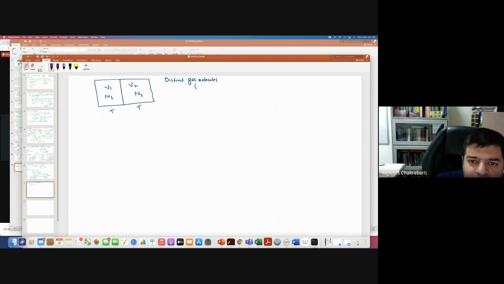Here actually I'm calling them atoms, this is atomic gas. If you make them distinct, then I can color them if you want. Say I have purple on the left box, and this other color on the other box.